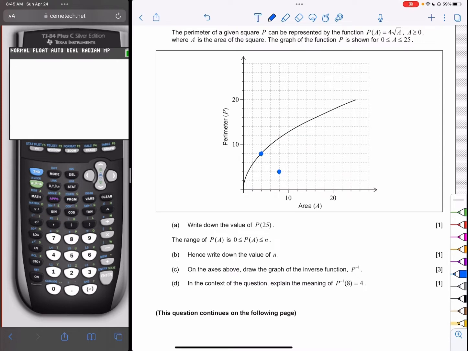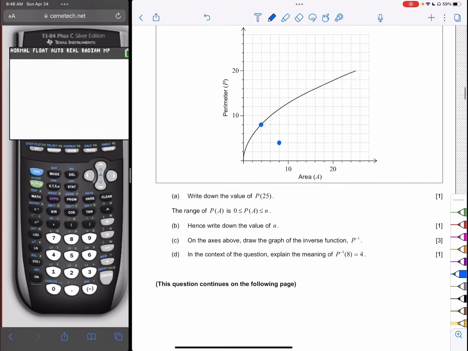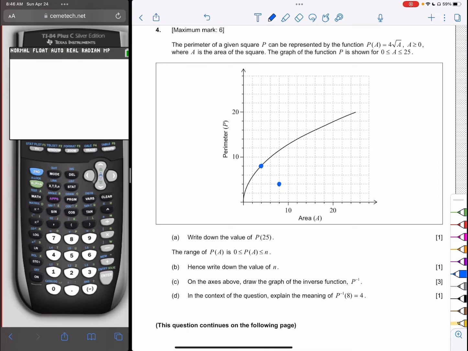If I have another point, let's do 16, because 16 is an easy number to take the square root of. That's another pretty point. And we know that when we swap 16, that's what it's going to be.